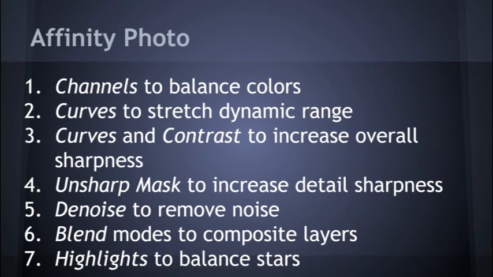Curves to stretch the dynamic range, and curves and contrast to increase the overall sharpness. The unsharp mask to increase sharpness and detail. Denoise to remove noise. And what is denoising? It's blurring areas of low contrast. That's all it is. Blend modes to composite layers and highlights to balance stars.